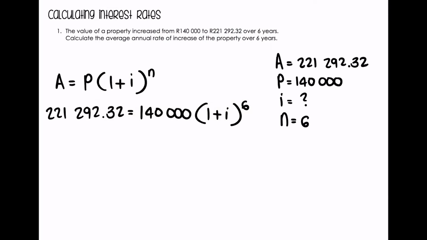So we're going to start by getting rid of our P value, or this 140,000. We can't start by getting rid of our exponent of 6. If I'm solving an equation, I am going to be working with BEDMAS. Now in BEDMAS, you can see that the E for exponents and the B for brackets are the first two things that I'm going to do.